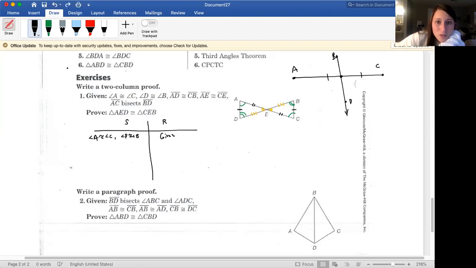So anytime you see vertical angles, you don't really have to say too much. AED is congruent to CEB. So definition of vertical angles.